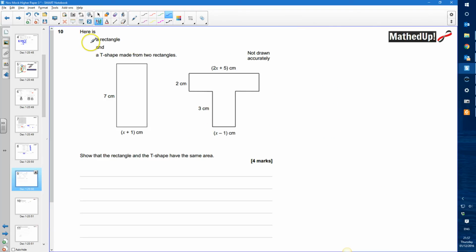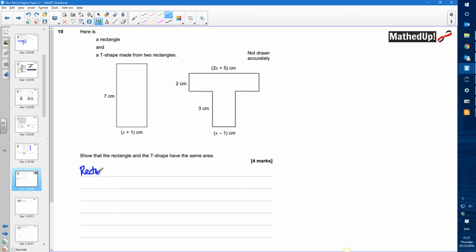Okay, question number 10. Here is a rectangle and a T-shape made from 2 rectangles. Okay, we need to show that the rectangle and the T-shape have the same area. So we're showing that this and this have the same area. Okay, so let's write down an expression for the rectangle first of all.